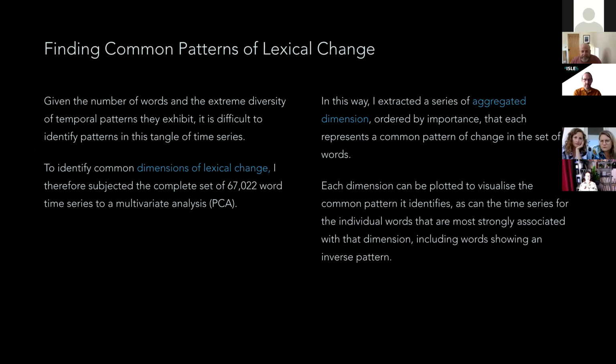Okay, so given the number of words and this extreme diversity we see in these time series, it's difficult to intuit patterns out of this tangle of time series. So what we want to do here is identify the underlying patterns. To find these underlying common dimensions of lexical change, I took the complete 67,000 word time series and put them into a multivariate analysis, in this case a principal component analysis.